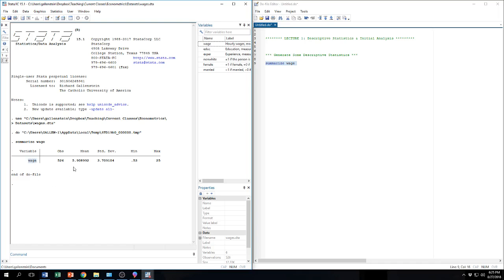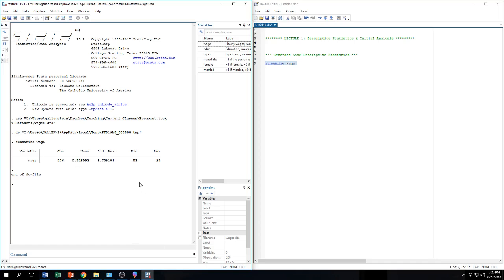Summarize wage gives us just some basic descriptive statistics of the variable wage. We have 526 observations. This sample has 526 individual observations of wage. The average wage is $5.91 an hour.